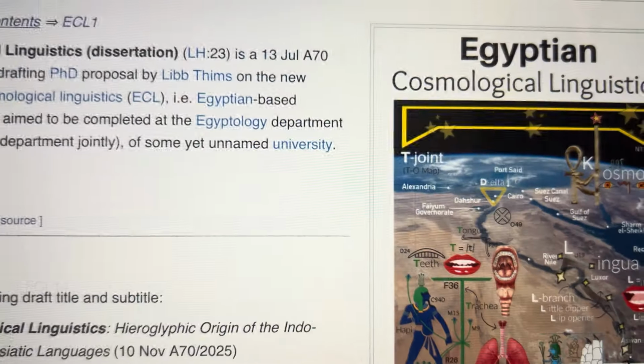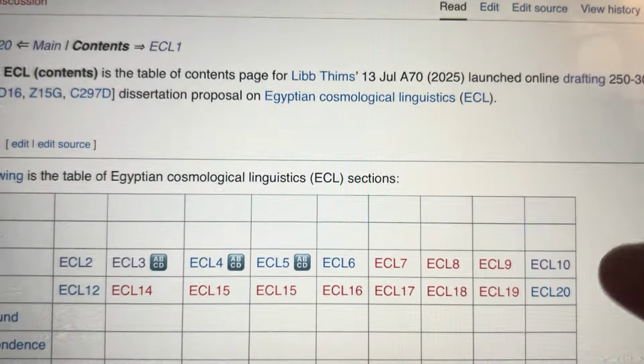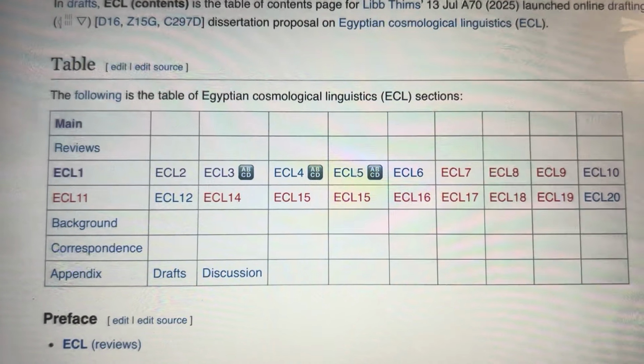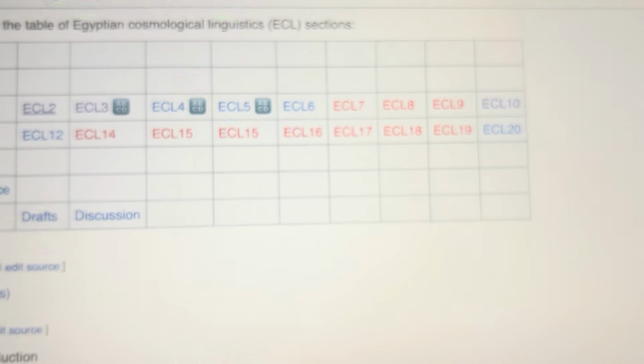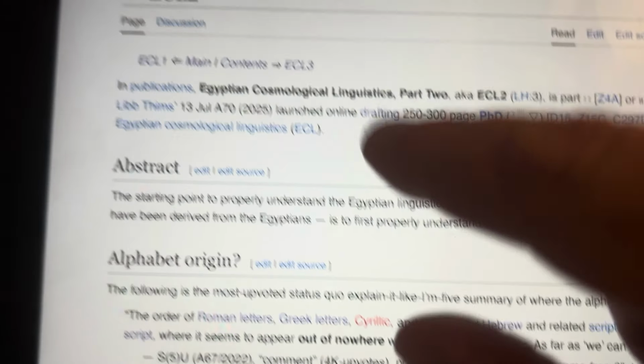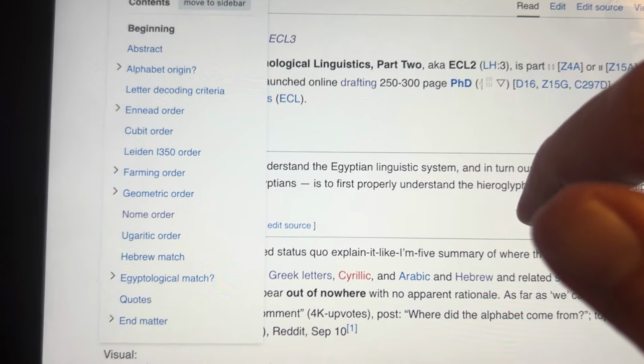So if we go to the contents page, we go to ECL2, click on contents.